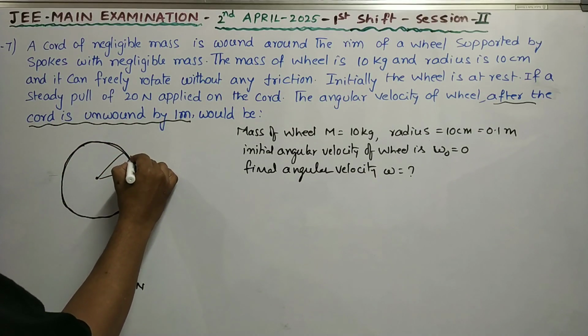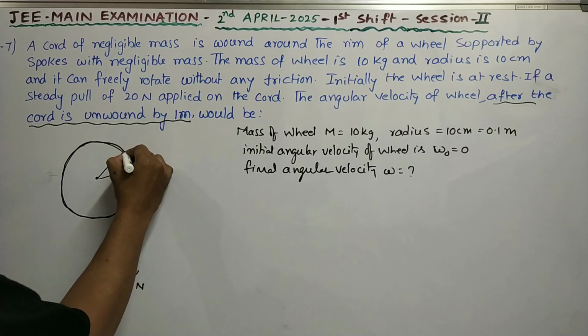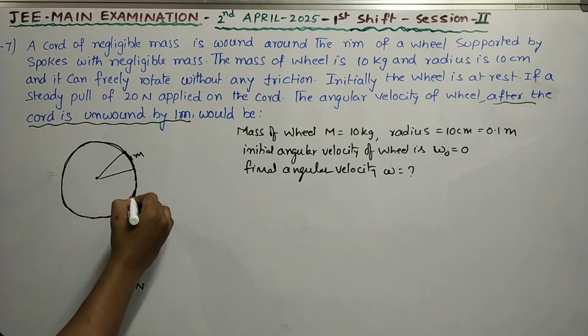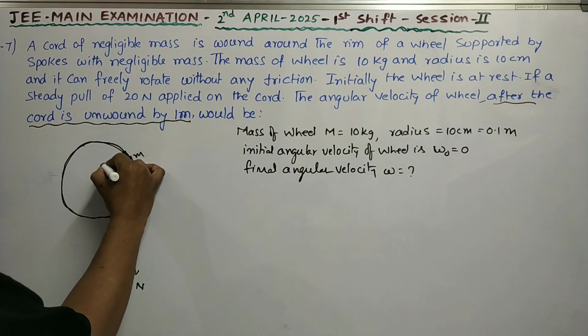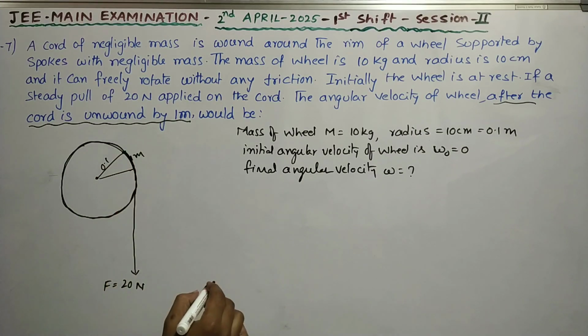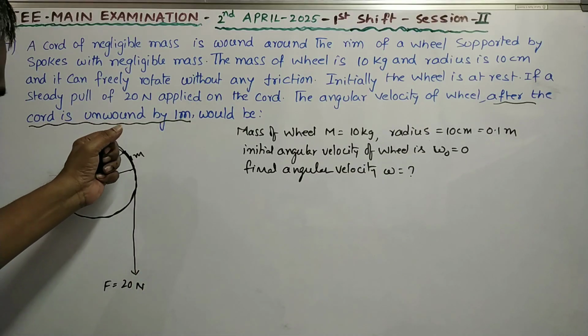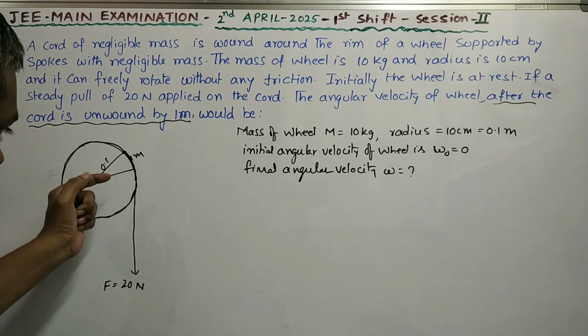How much? 1 meter is unwound. That means it stops up to here only. So the radius of the wheel is equal to 0.1 meter.